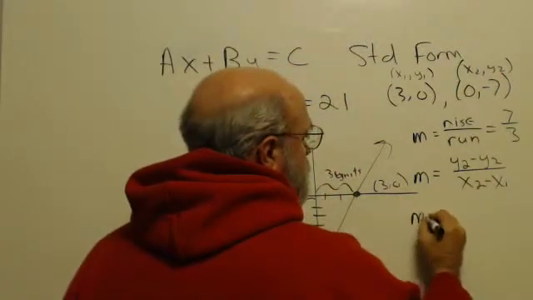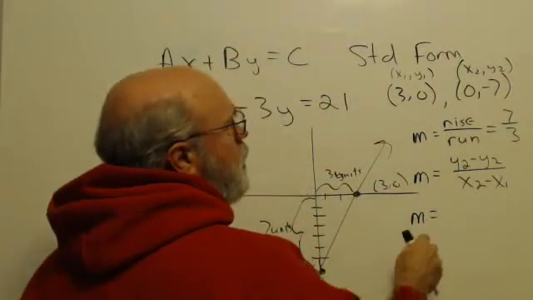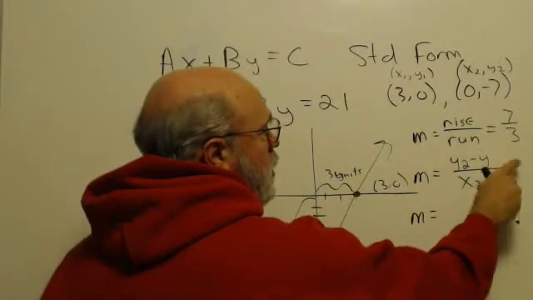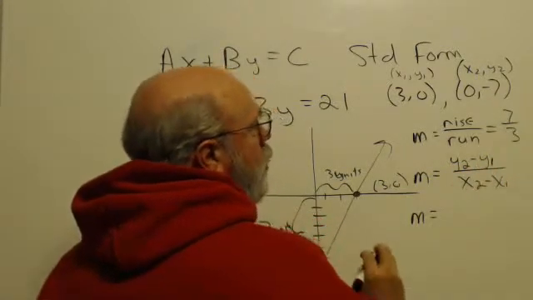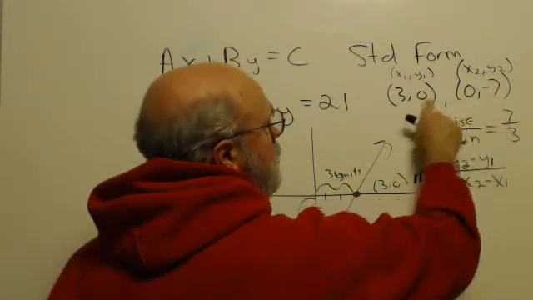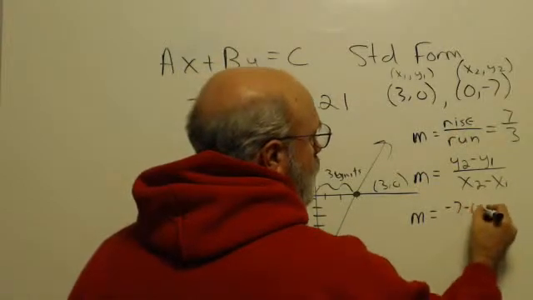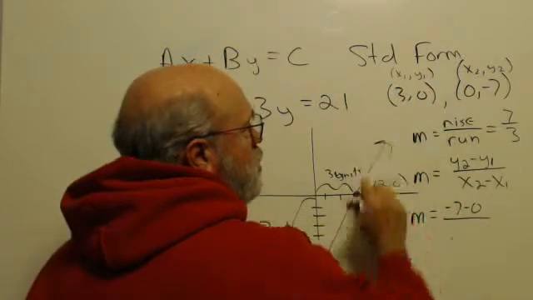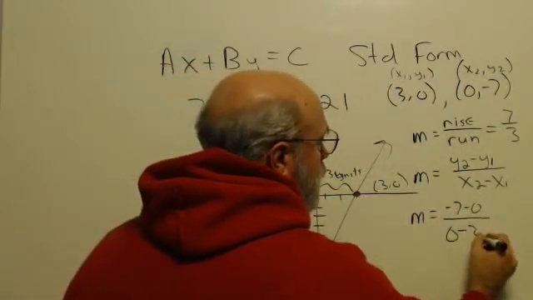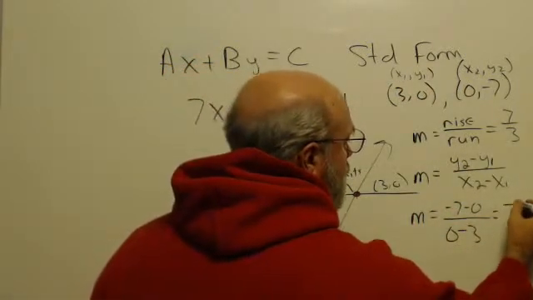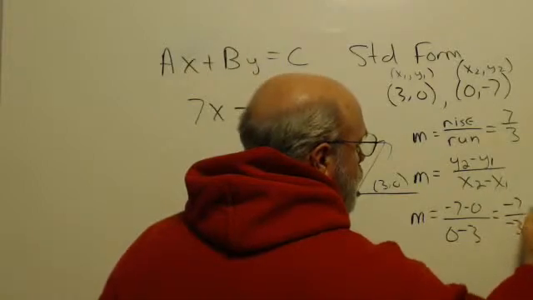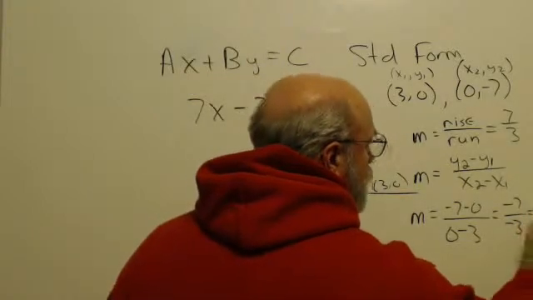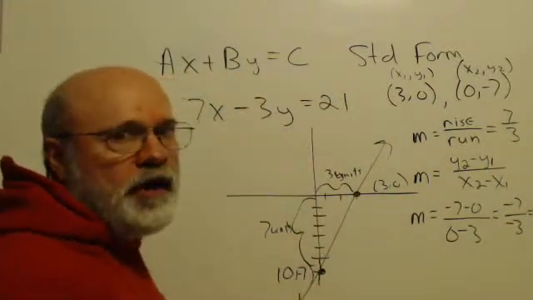Then the formula says that the slope is equal to y2, sorry, there's an error there, y2 minus y1, that would be negative 7 minus 0, divided by x2 minus x1, 0 minus 3. And what I'm going to get is negative 7 over negative 3 or a positive 7/3. Same result we get with rise over run.